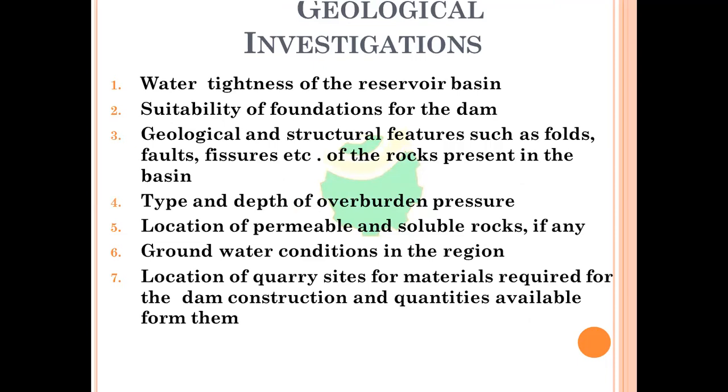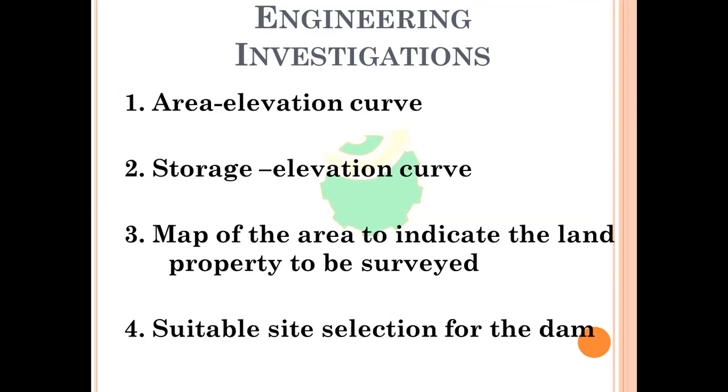So what is the area elevation curve? Area elevation curve is the contours drawn by using surveying techniques like total station survey and chain survey. So by using survey methods, the reservoir site is contoured.